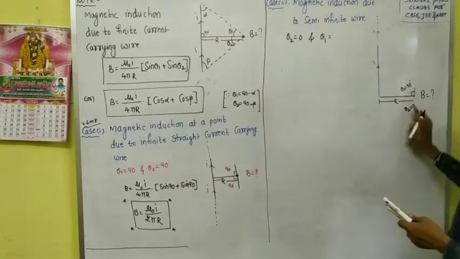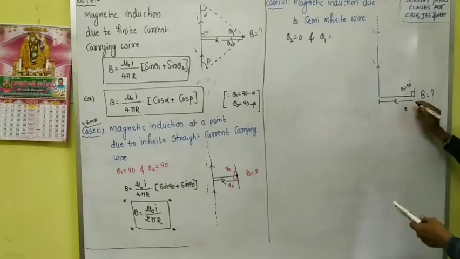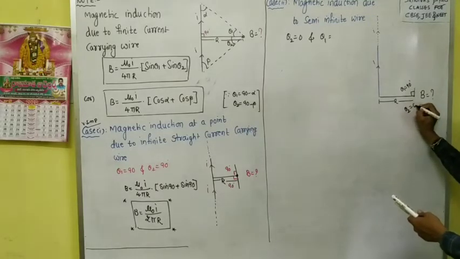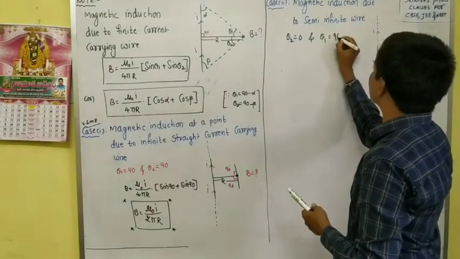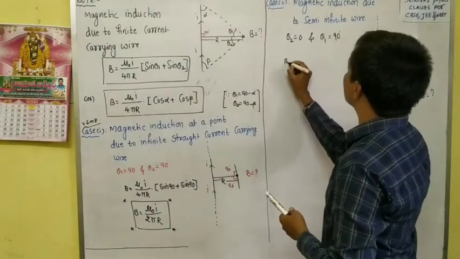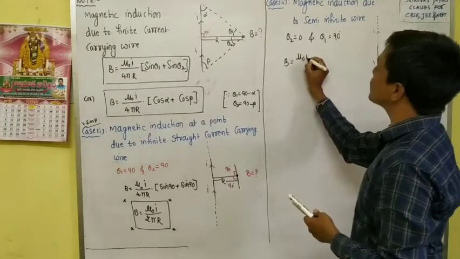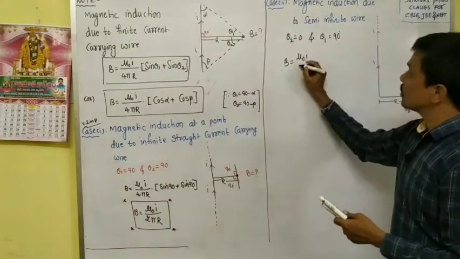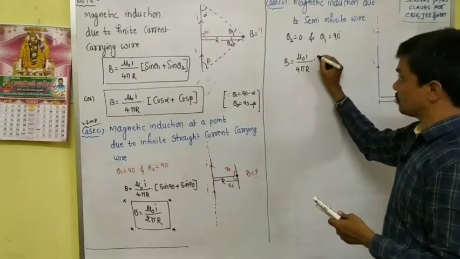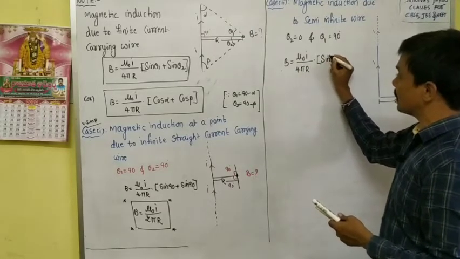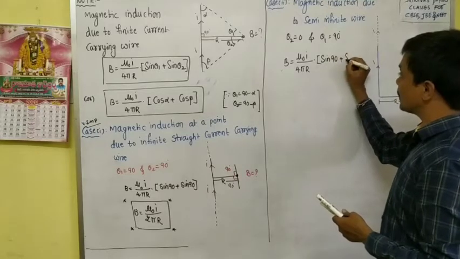We substitute all these in the formula. When we substitute theta 2 as 0 and theta 1 as 90 degrees, we get B equal to mu naught I by 4 pi r into (sin theta 1 plus sin theta 2).